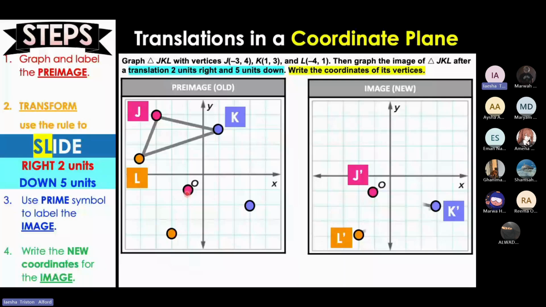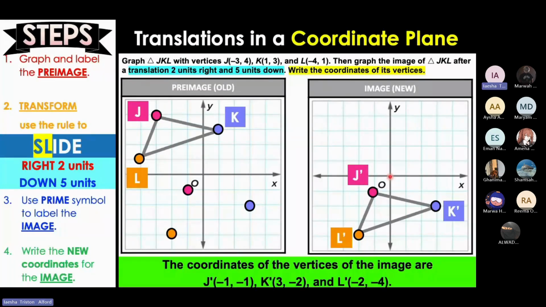The last thing is to say, where is J prime? Where is K prime? And where is L prime? As in ordered pair. So if we're starting at 0, to get to J prime, we go 1 unit left and 1 unit down. So -1, -1.